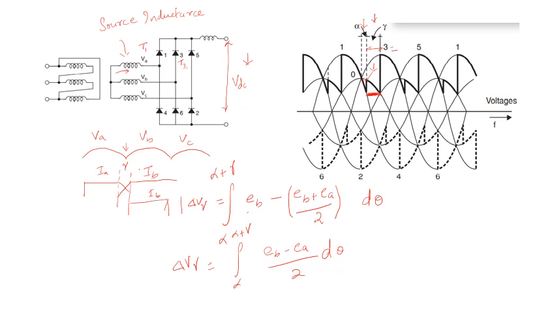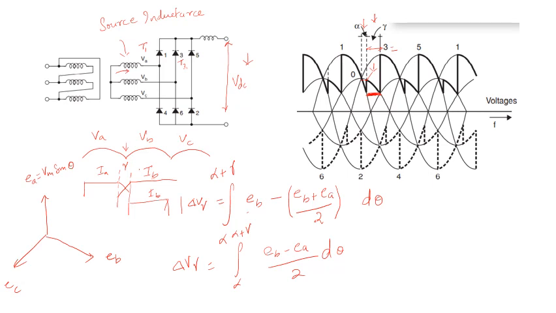Now if you see the cycle, so this is your R, Y, B side, right? So I am putting EA equal to Vm sine omega t, sine theta I am putting it. Similarly, this is EB and this is EC.